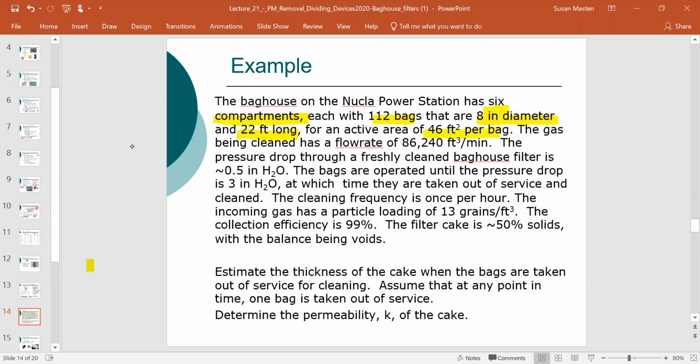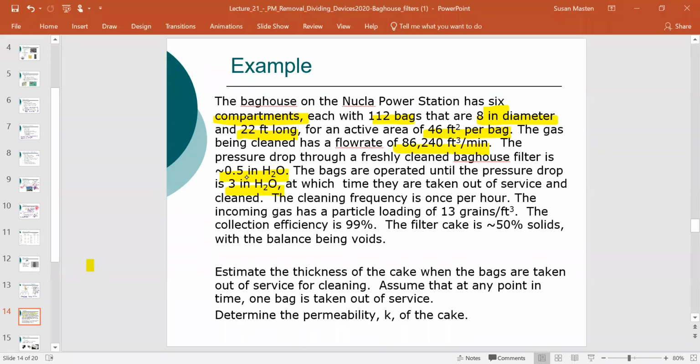There is an active filtration area of 46 square feet per bag, and the gas being cleaned has a flow rate of 86,240 cubic feet per minute. The pressure drop through a freshly cleaned filter is 0.5 inches of water, and the bags are operated until the pressure drop is 3 inches of water.